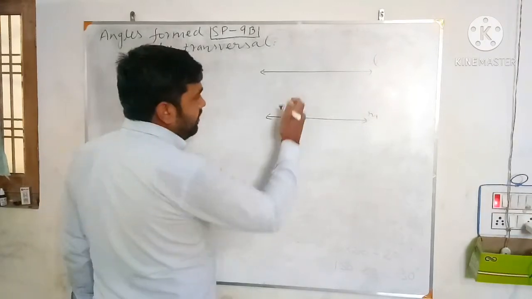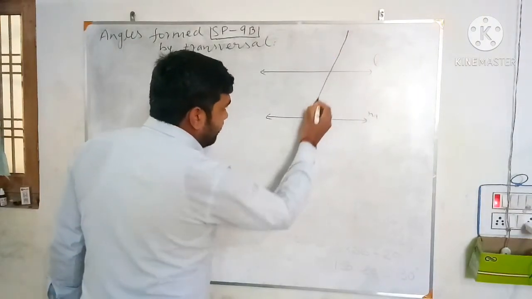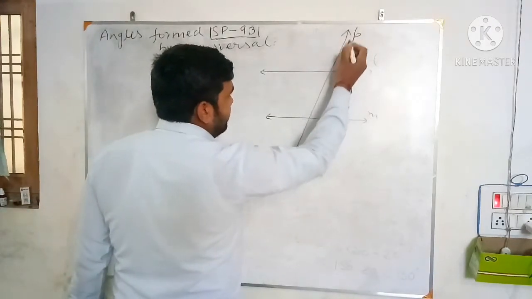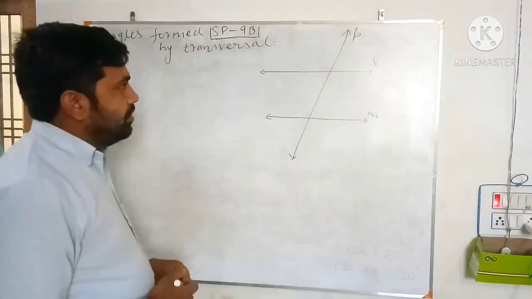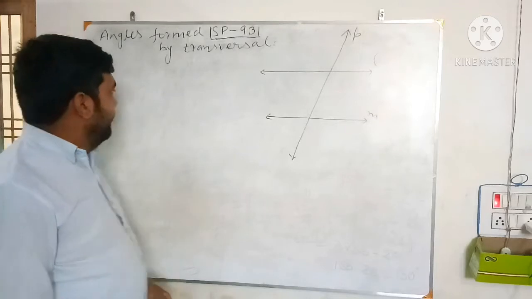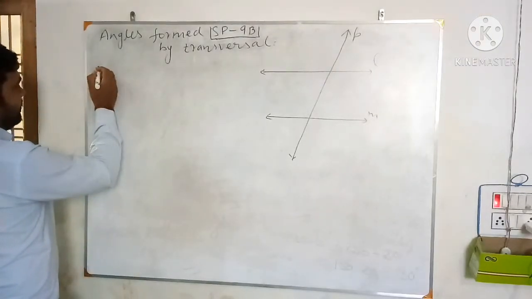Now if any other line intersects the two parallel lines, it is called the transversal. So there is the line P, and this line P is intersecting the lines L and M. So line P is called the transversal. This transversal on the parallel lines makes three types of angles.